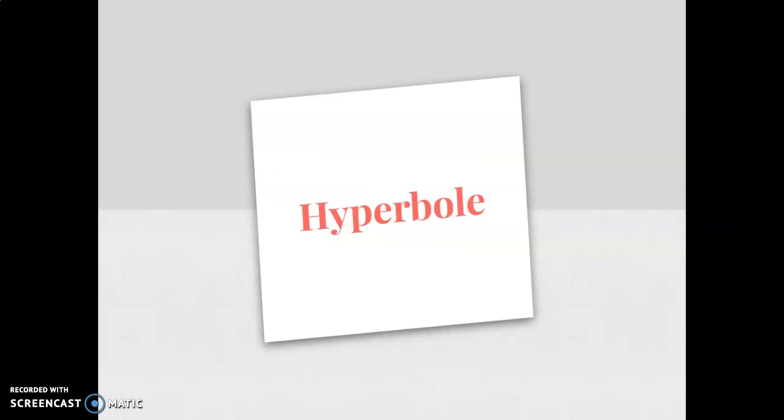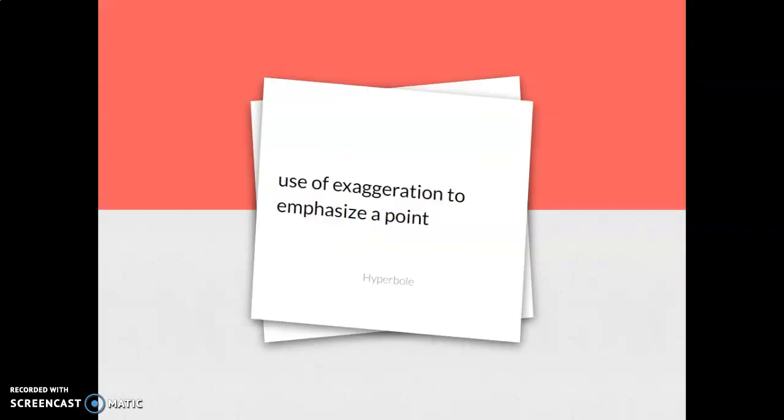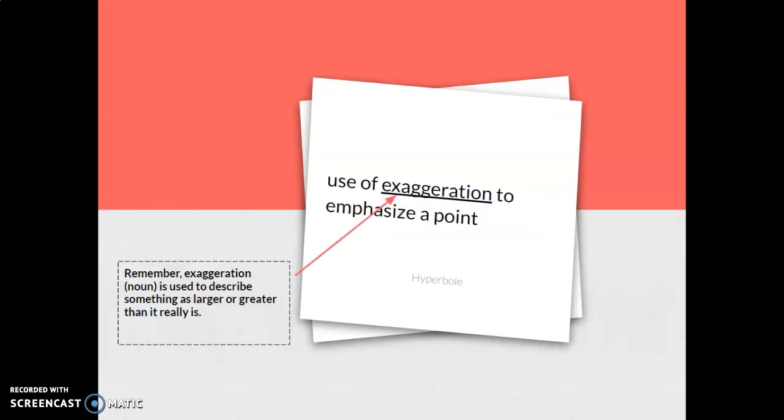Our next term is hyperbole. Now, this is a use of exaggeration to emphasize a point. Exaggeration is used to describe something as larger or greater than it really is. And emphasize is used to give special attention to something.